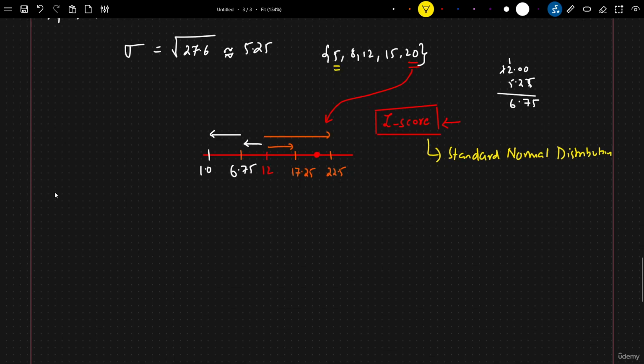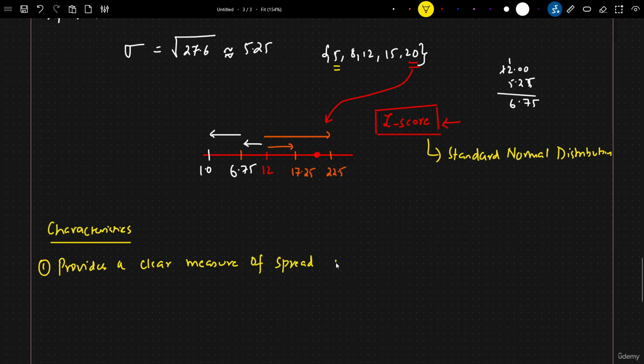Okay. So considering this, let's now discuss the characteristics of standard deviation. The first characteristic is very simple. It provides a clear measure of spread in the same unit as the data. This is very important, because we are doing the square root.